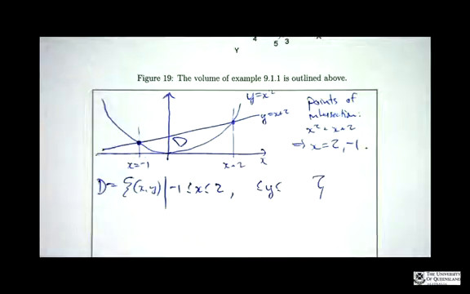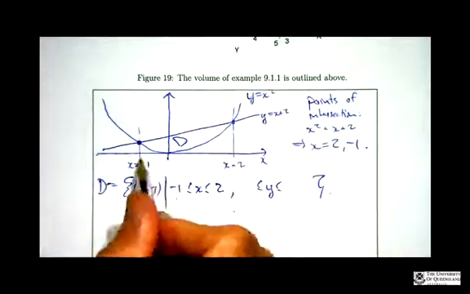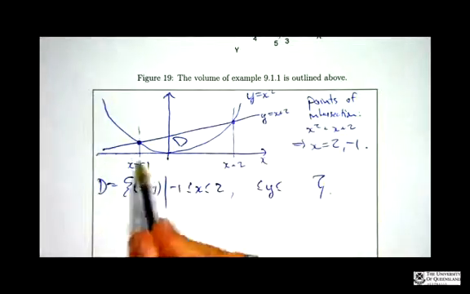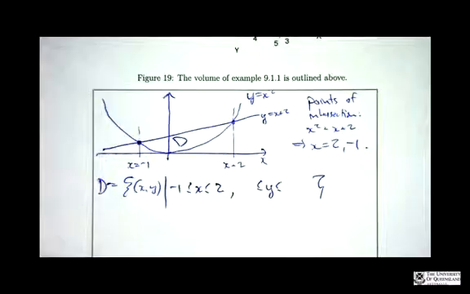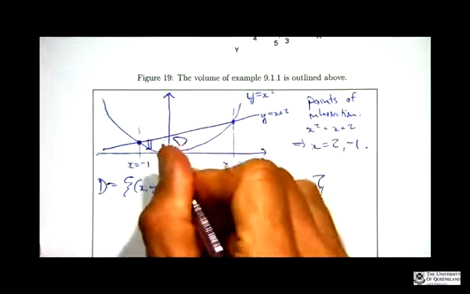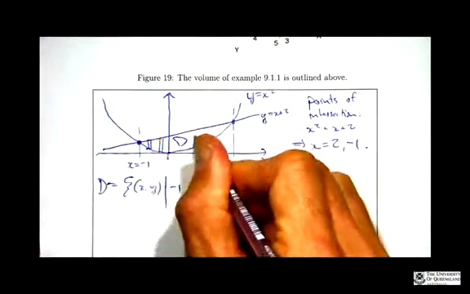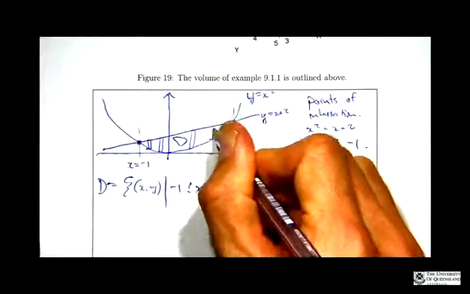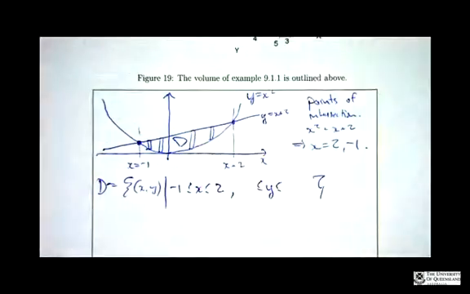Now what we can do is start to look at values of x between negative 1 and 2. If I were to split up this x interval into subintervals, I could start drawing in these small rectangles, which will form the base of the slabs in the approximation corresponding to Fubini's theorem.